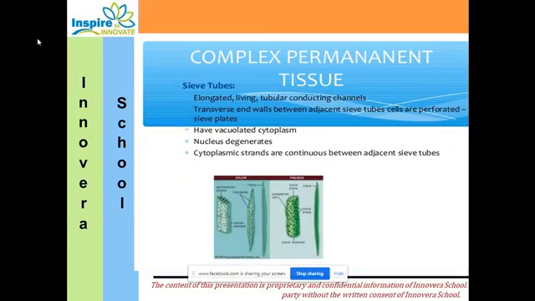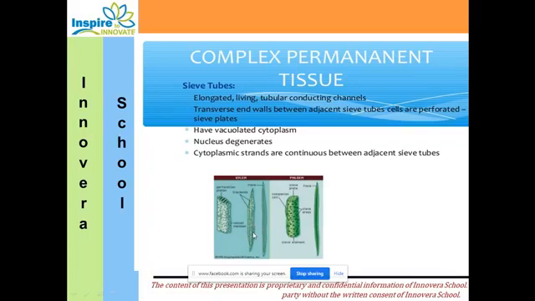Now see. Sieve tubes are elongated, living, tubular conducting channels. They are connected end to end. If you can see here children, arrow towards the arrow, you will find that these are connected with one another.